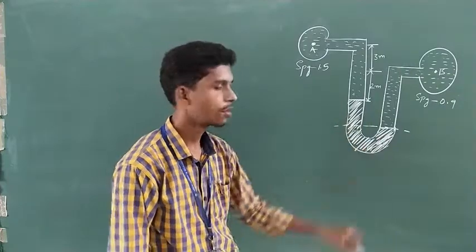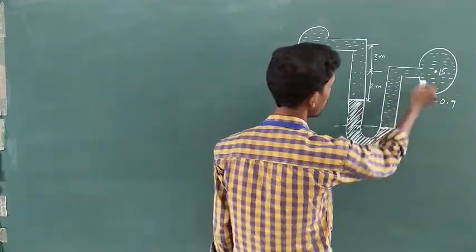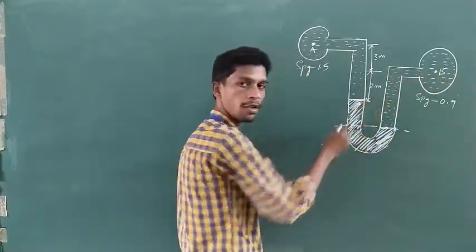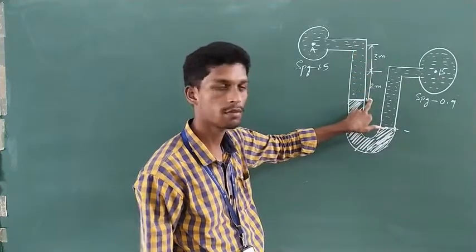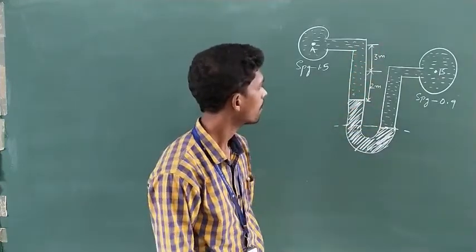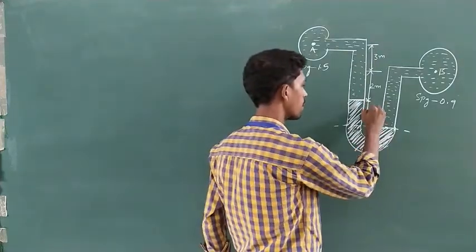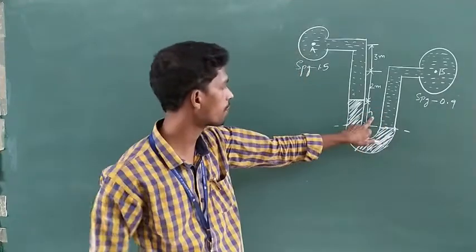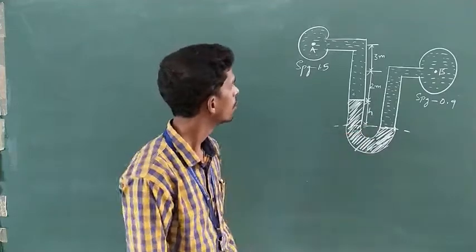So here you can see a mercury level inside. So he has already given the height of point B from the mercury level and height of point A from the mercury level. So the heights are available, and the unknown value is the level difference in the mercury. So this is the unknown value we have to find out. The mercury level difference we have to find out.